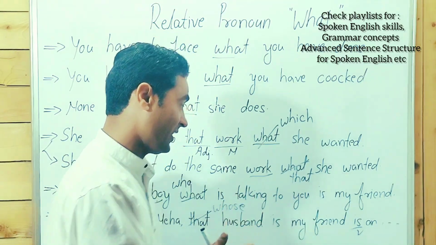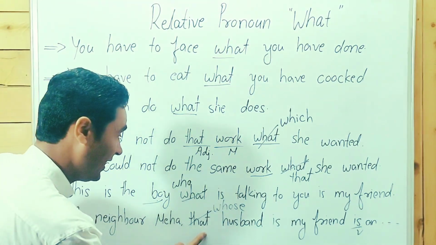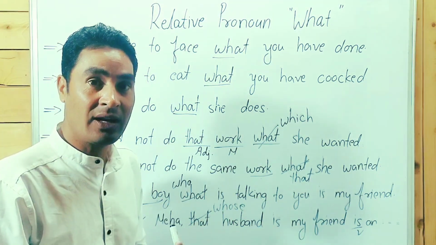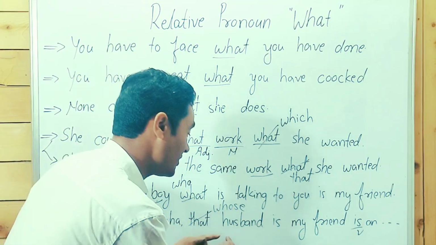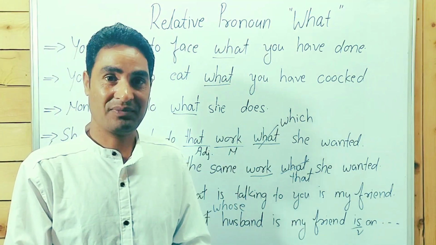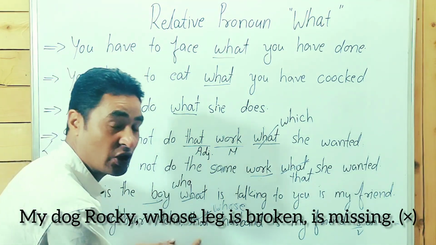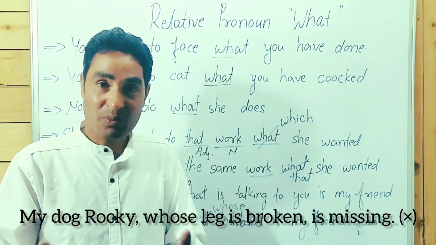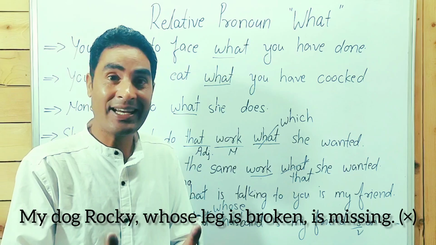This sentence can be written if the antecedent is an animal or object. In this case we use which. For example, my dog Rocky, whose leg is broken, is missing. I'm so sorry, it's an incorrect sentence.